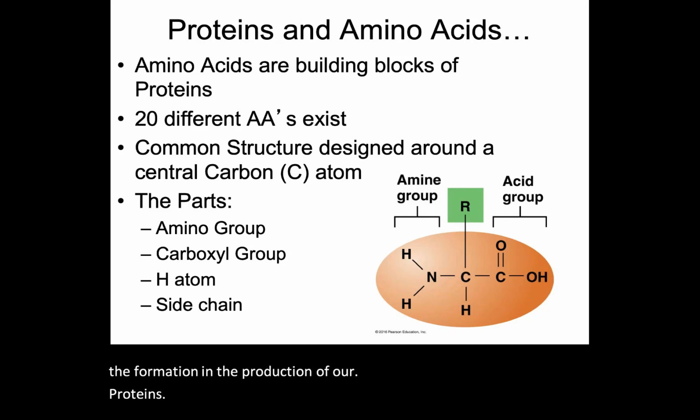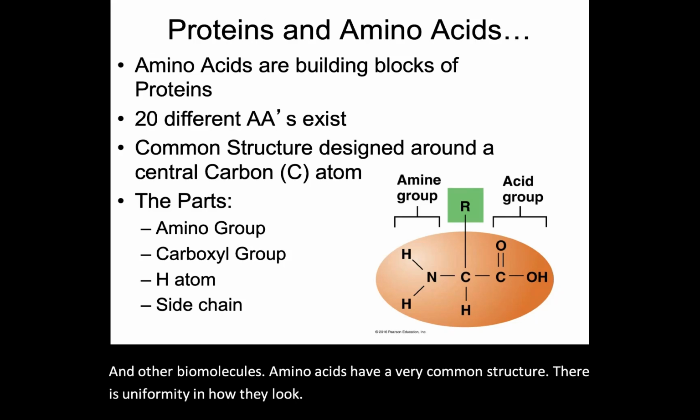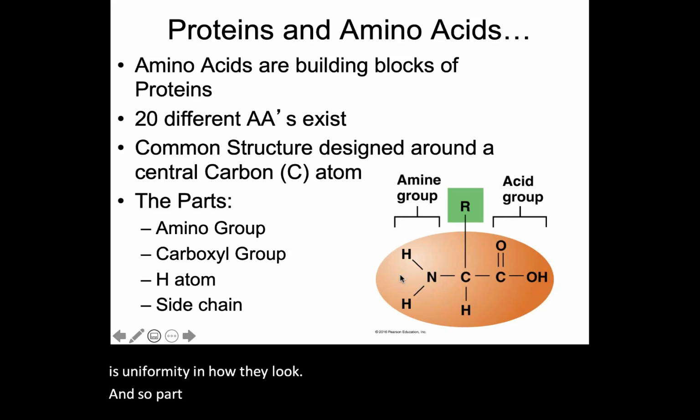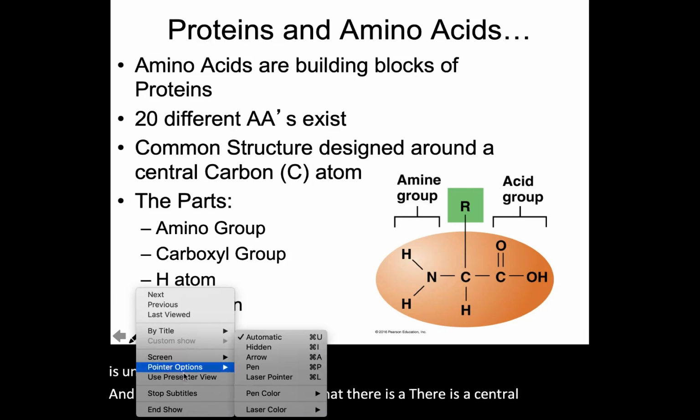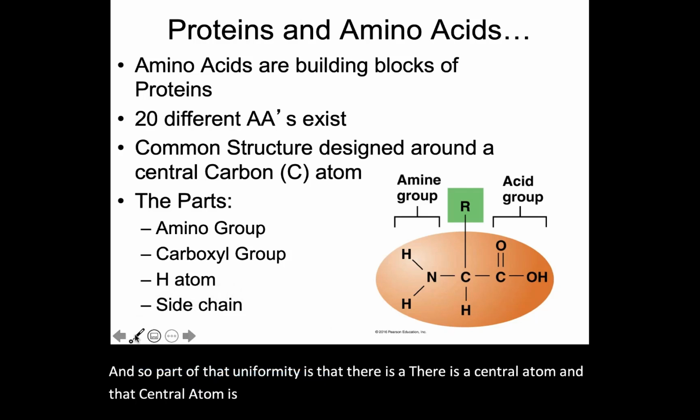And like other biomolecules, amino acids have a very common structure. There is uniformity in how they look. Part of that uniformity is that there is a central atom, and that central atom is a carbon atom.